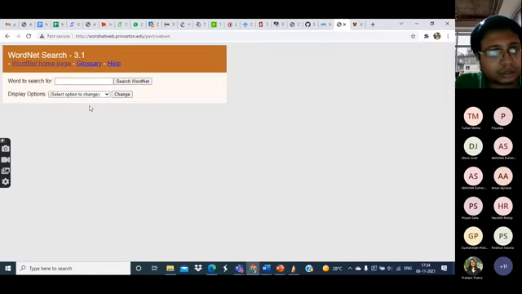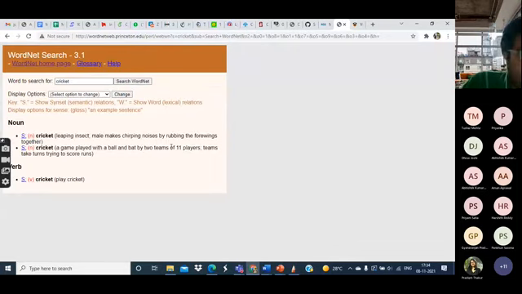Okay, so here first of all it is saying that the word cricket can be used as either a noun or as a verb. If it is used as a noun, then it has two possible meanings.